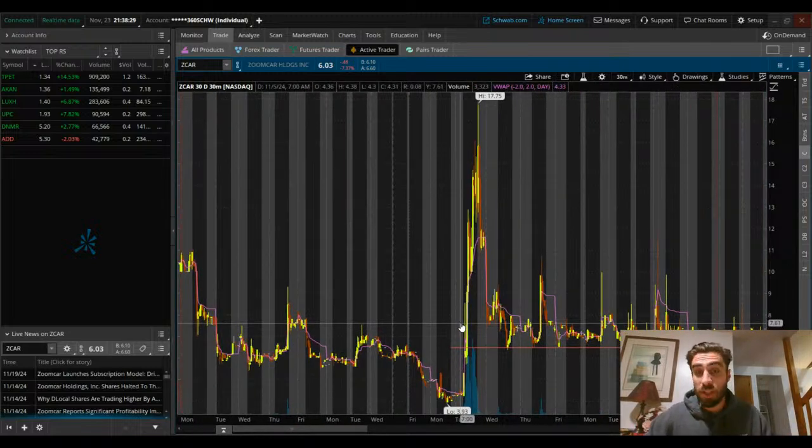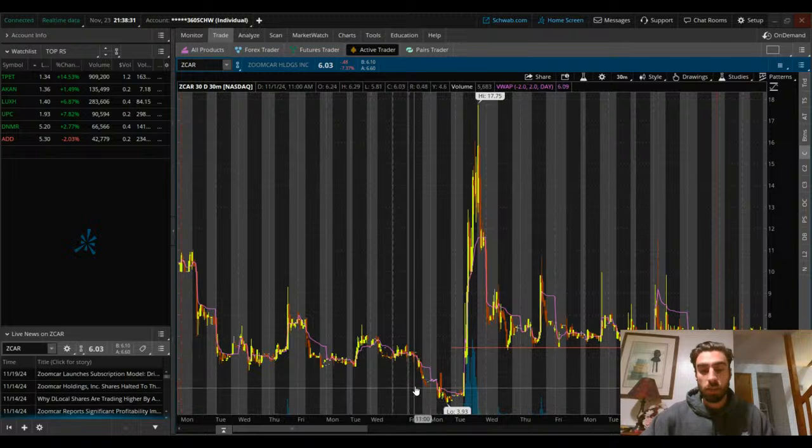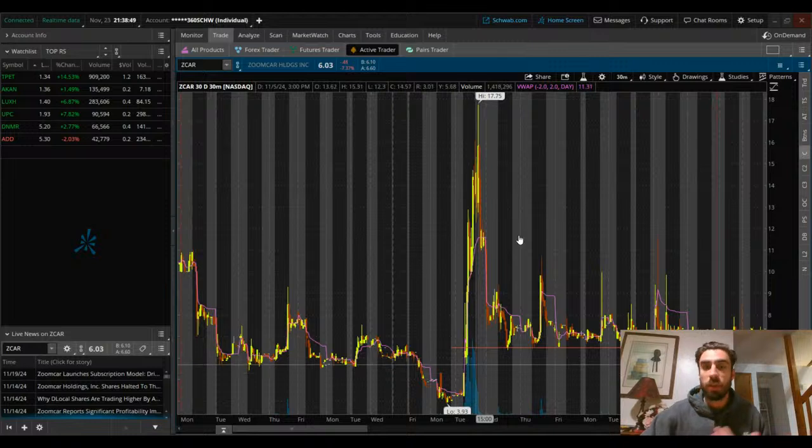The first one is Zcar here. The first thing that I'm seeing is a whole number. If it makes a low at a whole number, that's going to pique my interest. You see here with Zcar, it makes a low at 3.93, let's say 4, and the next day it goes up.